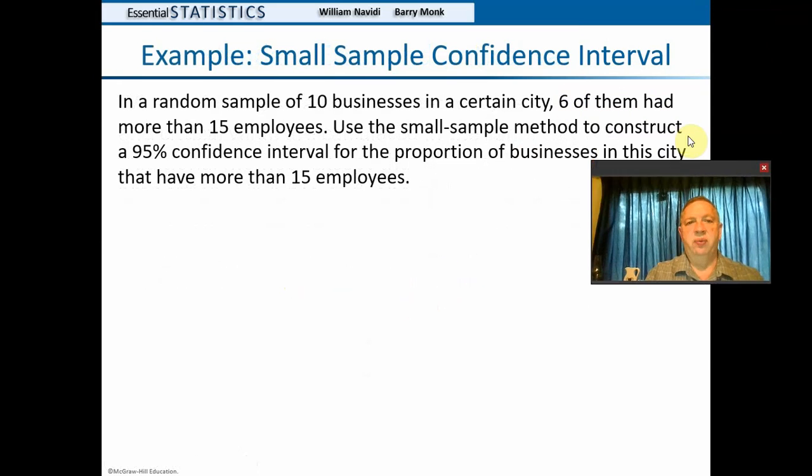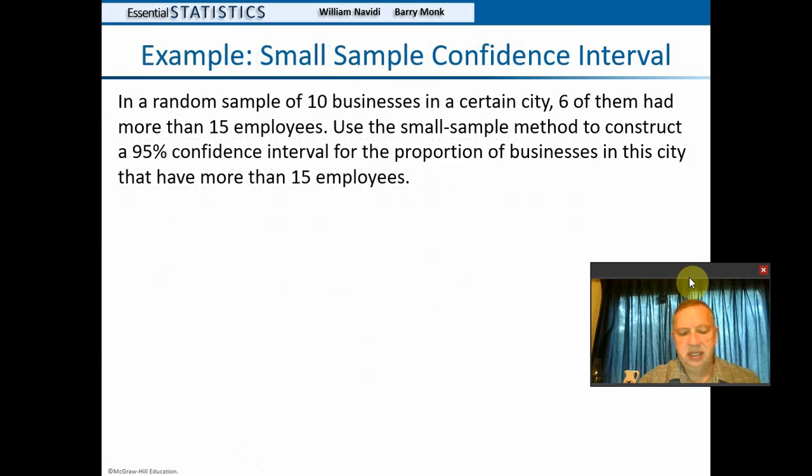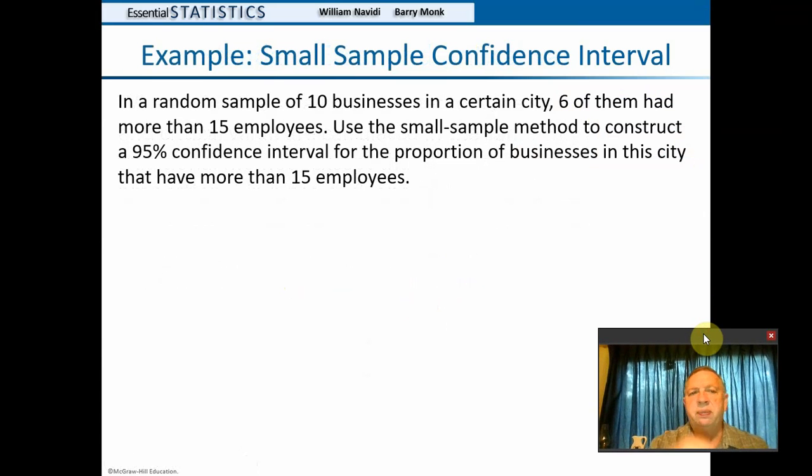Here I only have a random sample of 10 businesses in a certain city. 6 of them had more than 15 employees. Use the small sample method to construct a 95% confidence interval for the proportion of businesses in the city that have more than 15 employees. So 6 over 10 would be our p hat.